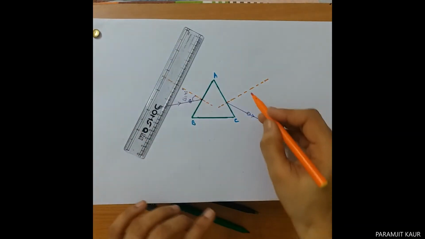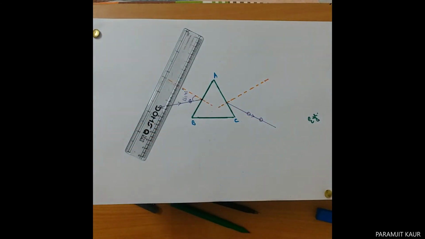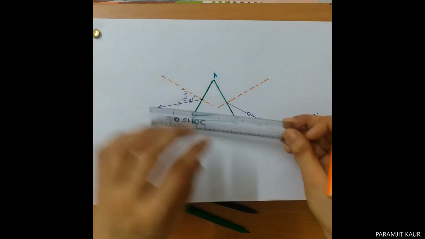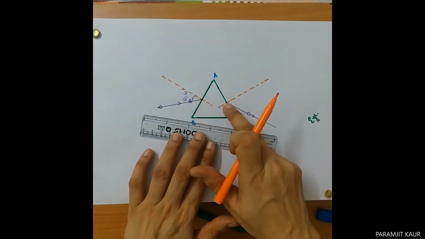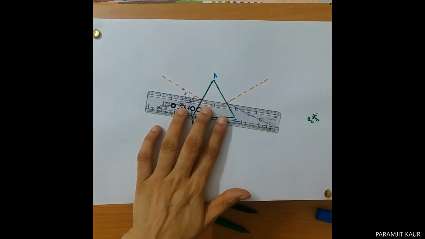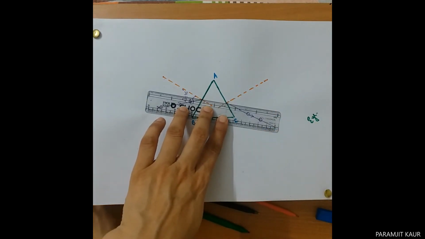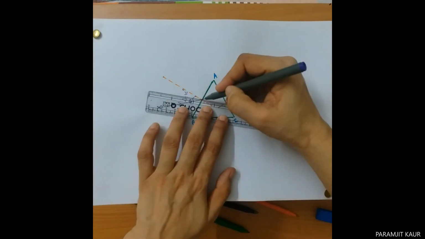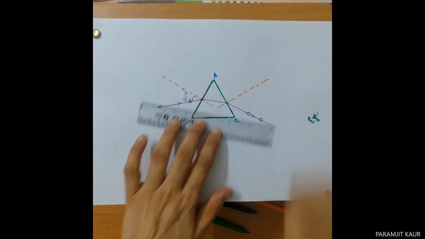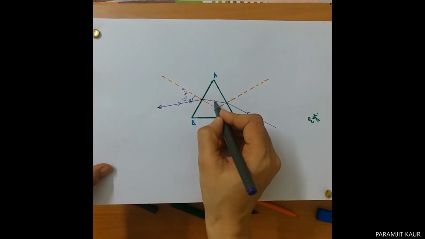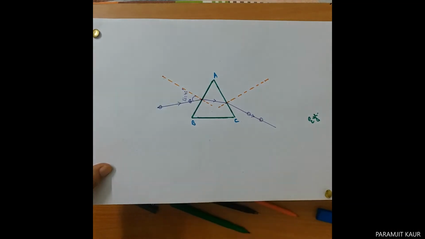And this will give me the normal for the second interface. Next, I'll join these 2 points. And when I join these 2 points, it will give me the refracted ray. So this I have as a refracted ray. So the arrow goes in this direction.